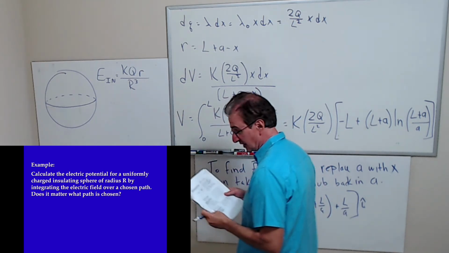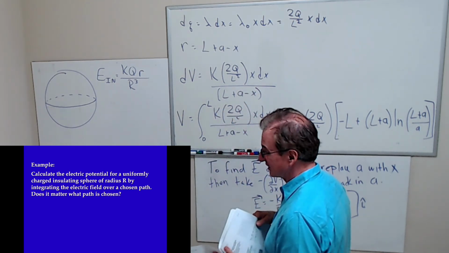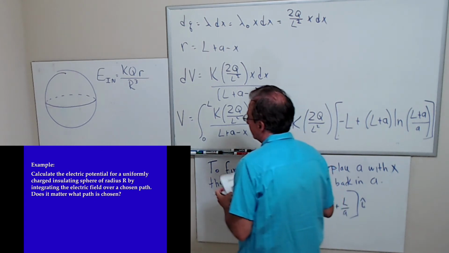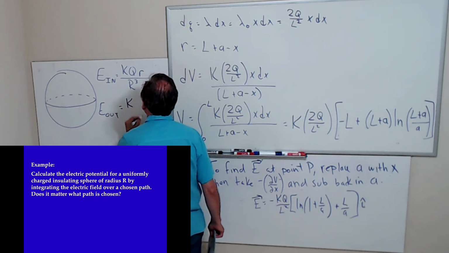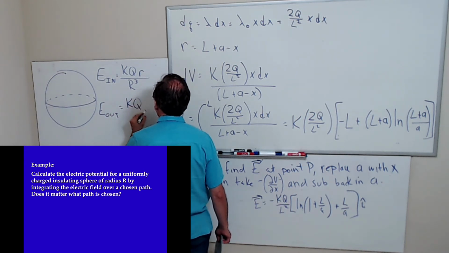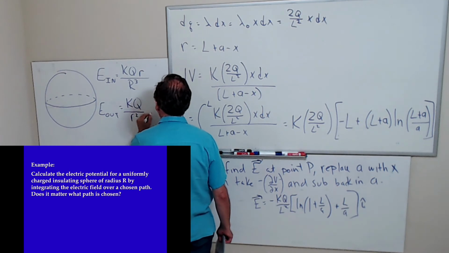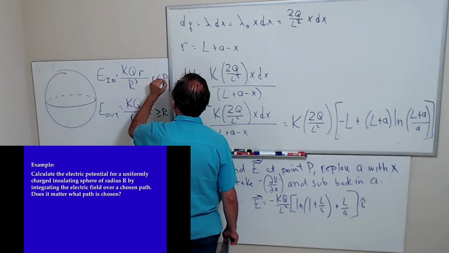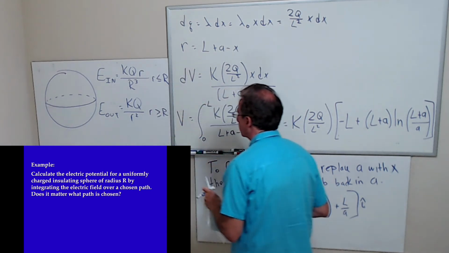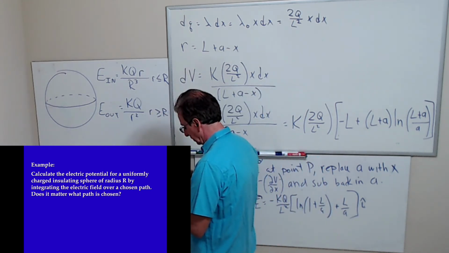I'm just writing it down to save time. Then E outside. There's no charge on the surface, right? So it's continuous.